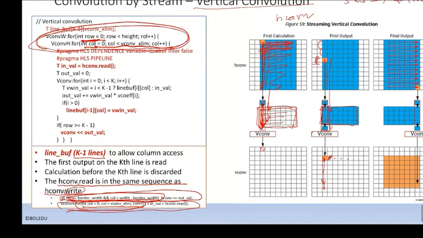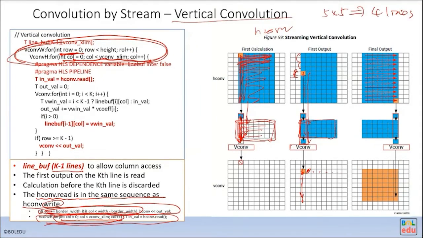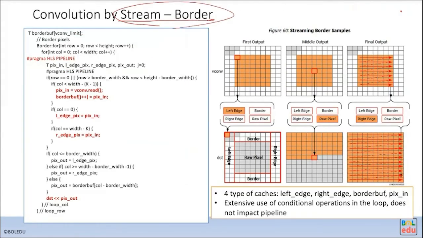So that's the line buffer introduced. And right now you handle the border case. For the border case, I probably won't go into too much detail here. Again, I emphasize that you also have the same loop. If you look at that, you have a row loop and a column loop. That's exactly the same raster scan order.